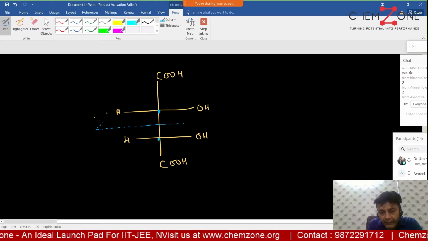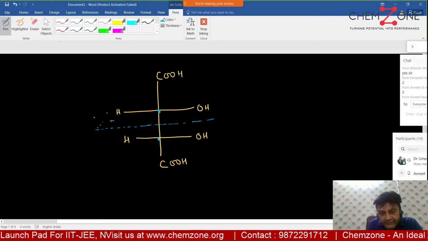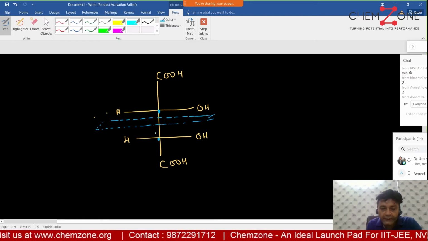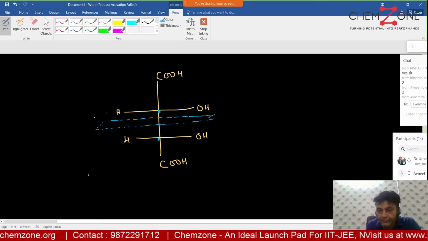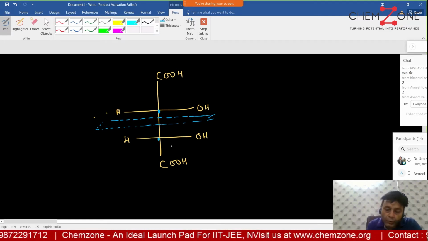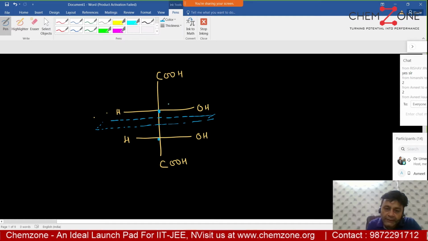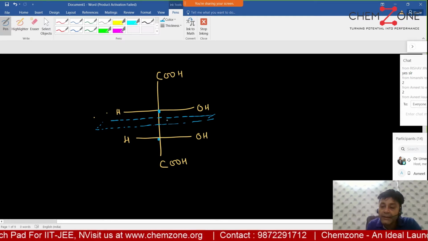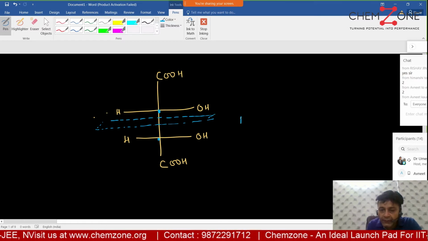Plane of symmetry means in this axis, if you cut it, I'll get two equal halves. And if I flip over the other, the lower part will cover the upper part. So I can say this is a symmetrical molecule and it has a plane of symmetry.